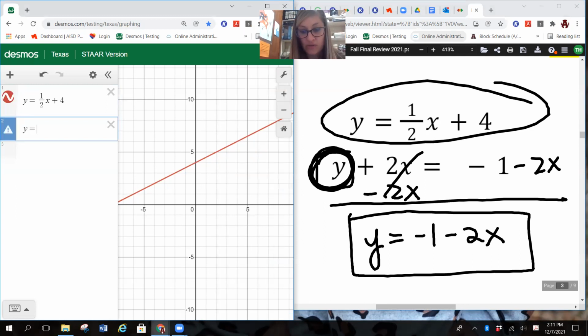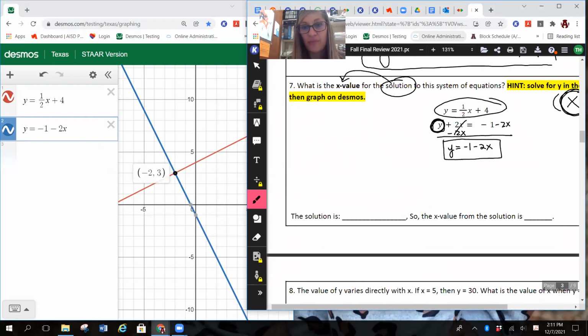So y equals -1 minus 2x. They intersect at the point -2, 3. -2 is the x coordinate. So our answer would be -2.